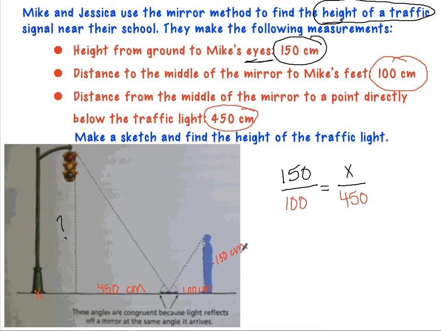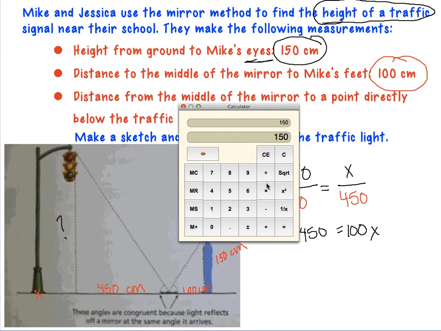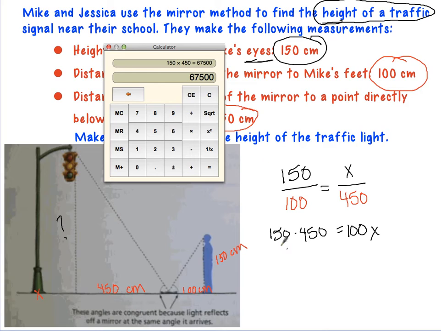And then again, we use our cross multiplication. So 150 times 450 equals 100 times x. 150 times 450 is 67,500, which is equal to 100 times x.